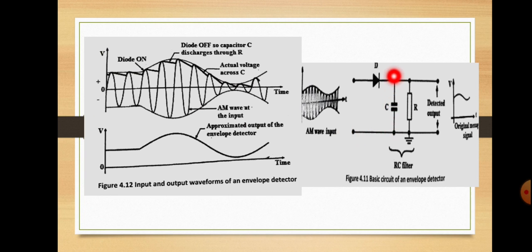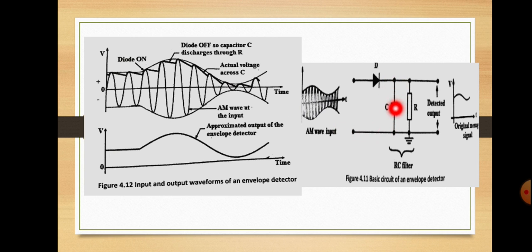Up to what level does this capacitor charge? The capacitor will charge to the peak voltage value of the RF signal. See, this is a positive cycle, and during that the diode will be forward biased, and that positive cycle will travel through this diode. Once it sees the capacitor, it will go through this path, because the capacitor offers low impedance to higher frequencies. That is why the positive half cycle passes through this.